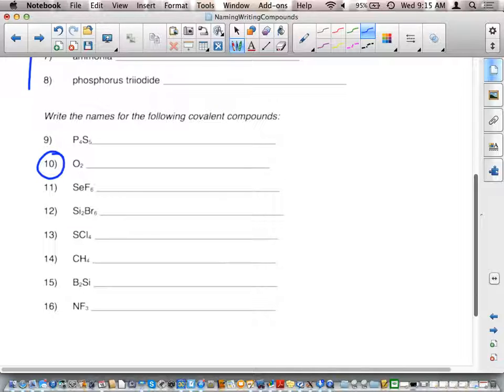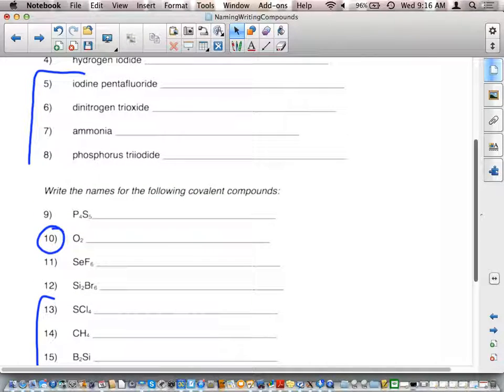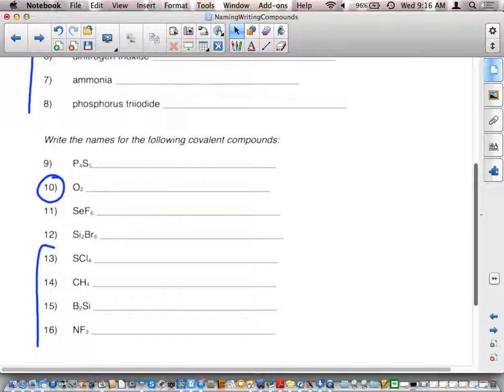So number 10 and then 13 through 16, go ahead. You can work with your table partner. You guys are going to get done before the end of class. So when you get done, we'll go over them. And then I'll have a graded homework assignment for you guys tonight. The last 4 on the top, because we already did the first 4. Those were in your notes. And then number 10 on the bottom and 13 through 16.